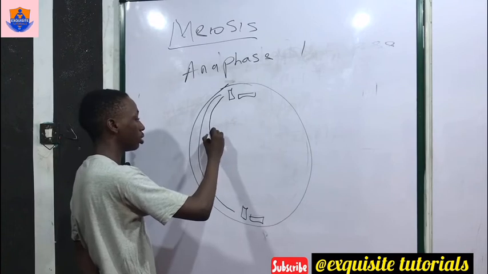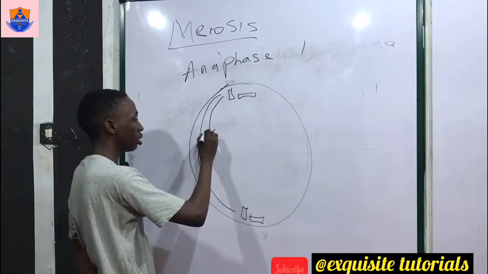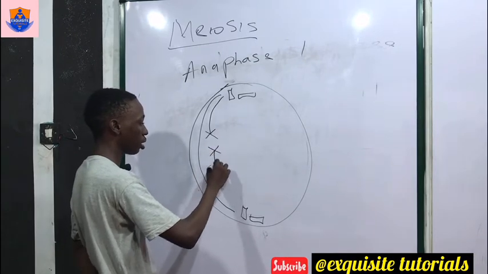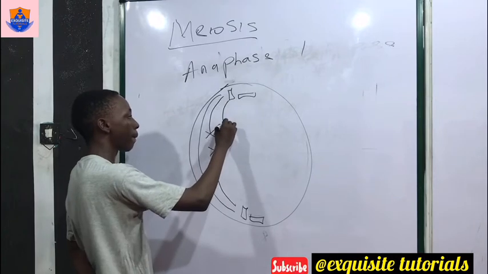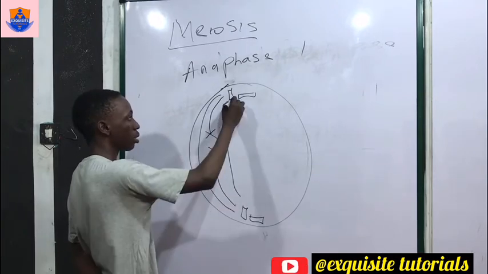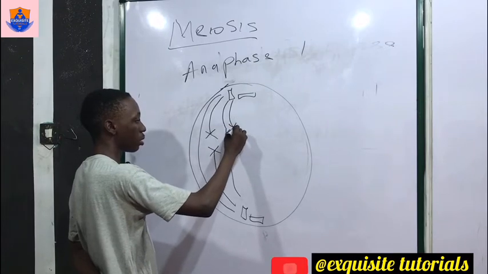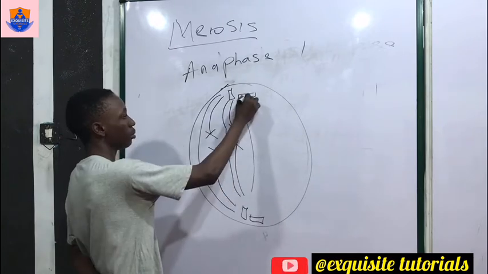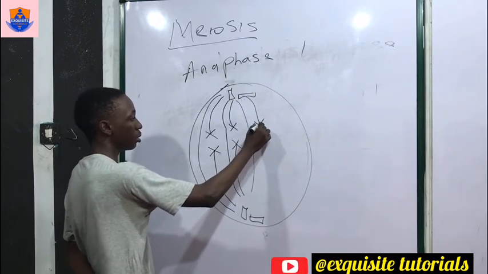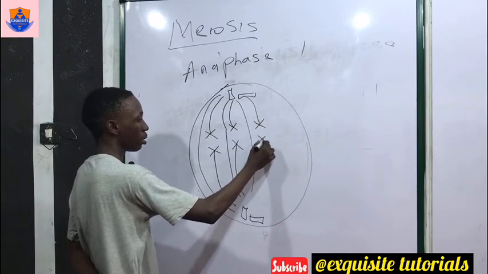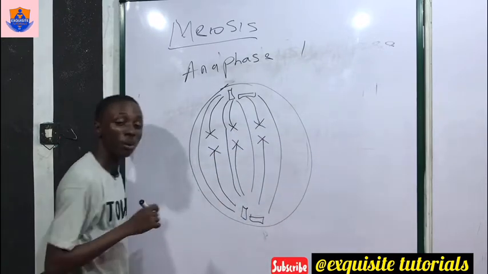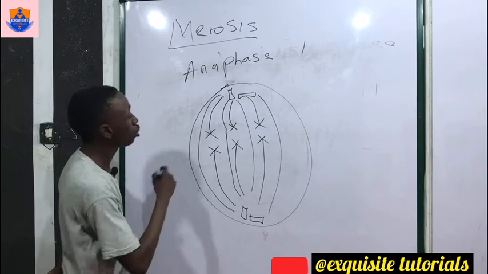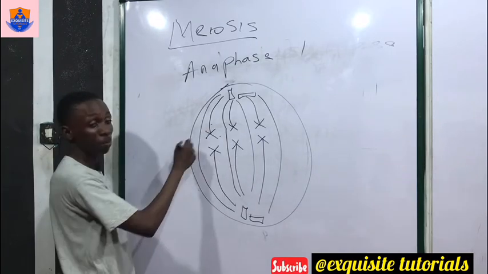Now, what occurs here? Now we can see that the chromosomes are actually being drawn apart to produce two cells. Now, if you observe, the chromosomes are still in pairs here.